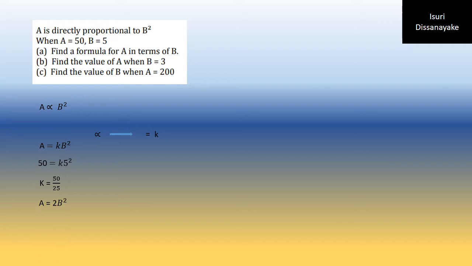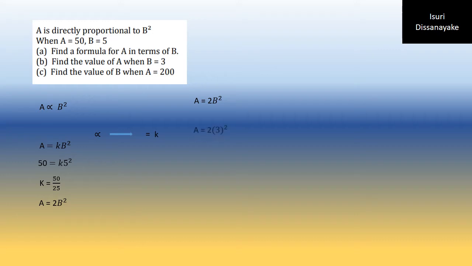So K is equal to 2, which is 50 divided by 25. Now you can write the equation as A equals, instead of K, 2B squared. So the formula for A in terms of B is A equals 2B squared.